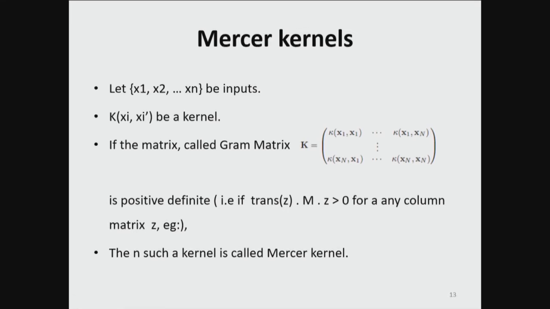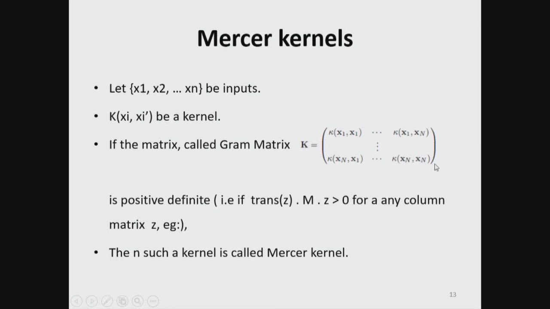Now, we come back to the gram matrix. We know the gram matrix is a matrix obtained by forming a matrix using pairs of kernel values with respect to each and every element in the input set. Since each kernel is a real valued function, we get an n by n matrix. Therefore, K is an n by n matrix.